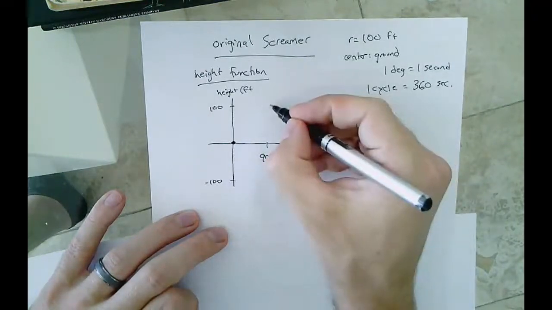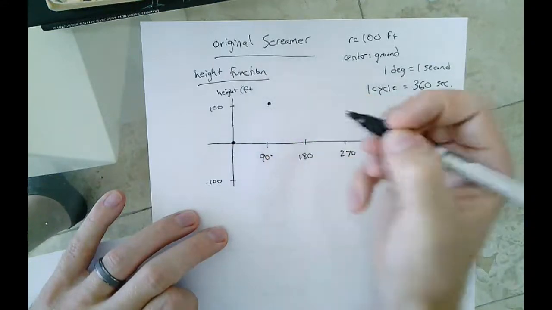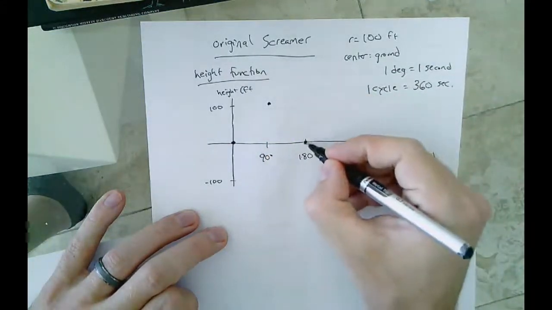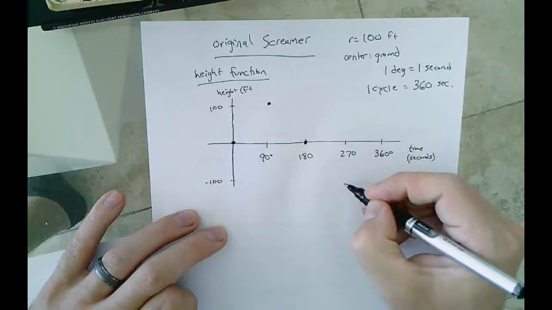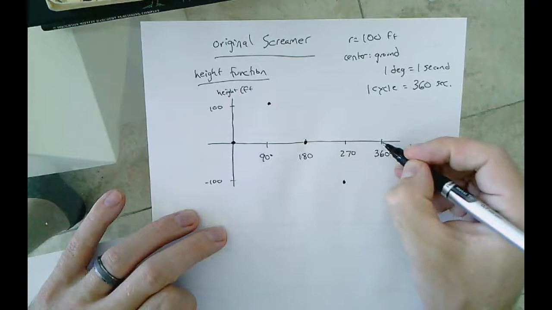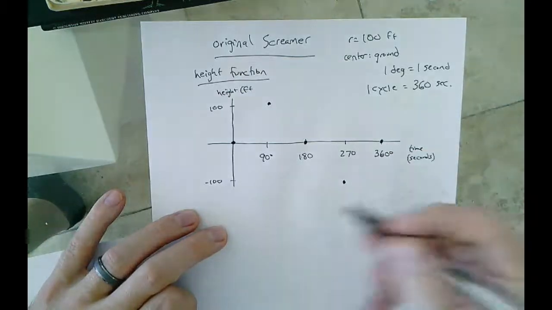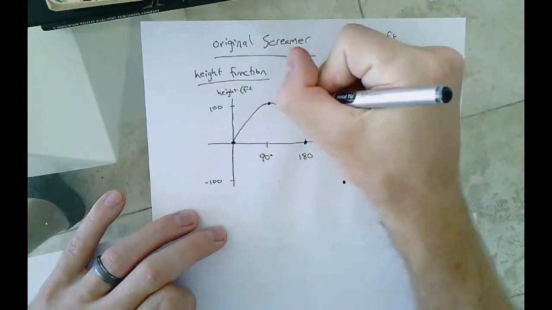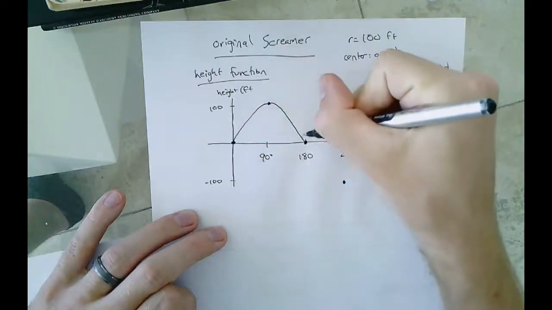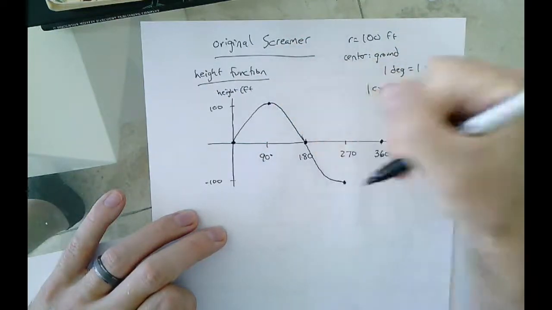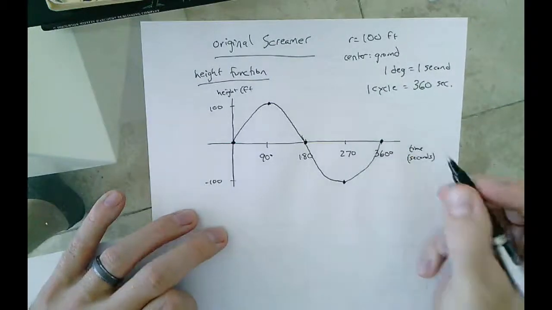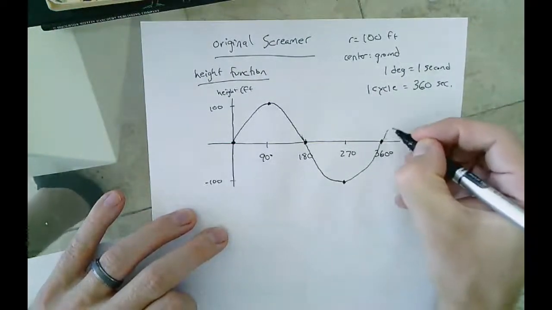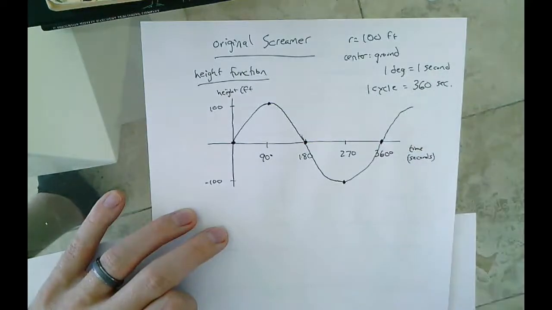At 90 degrees, at 90 seconds, it'll be at the tallest position, 100 feet. 180 will be back down at the lowest position. 270 will go all the way down to the minimum, and then 360 will be back up here at the loading area. So I'm gonna draw this quick graph right here with my nice curves, all the way down here and up to here. Okay, and then it keeps going on and on and on as the Ferris wheel does.